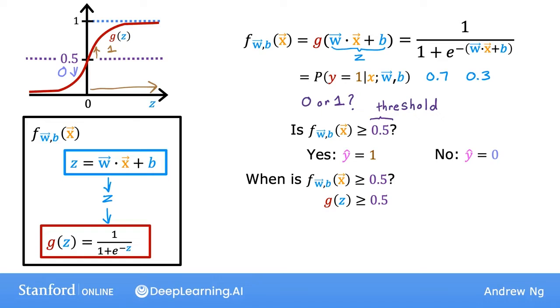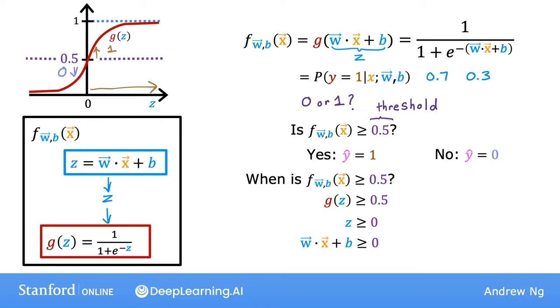And finally, when is z greater than or equal to 0? Well, z is equal to w dot x plus b. And so z is greater than or equal to 0 whenever w dot x plus b is greater than or equal to 0.